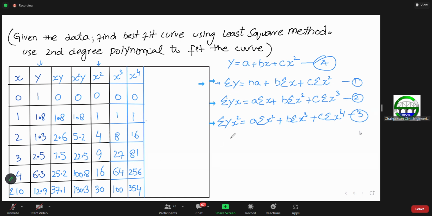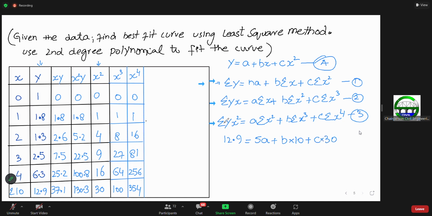Sigma y is equals to 12.9, is equals to n is equals to what? What will be the value of n? 5. 5a plus b into sigma x. Sigma x is equals to 10, plus c into x squared, 30.